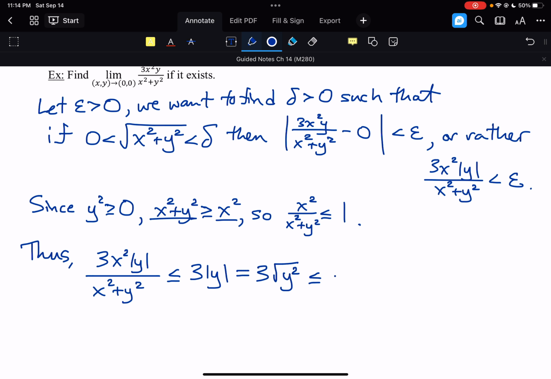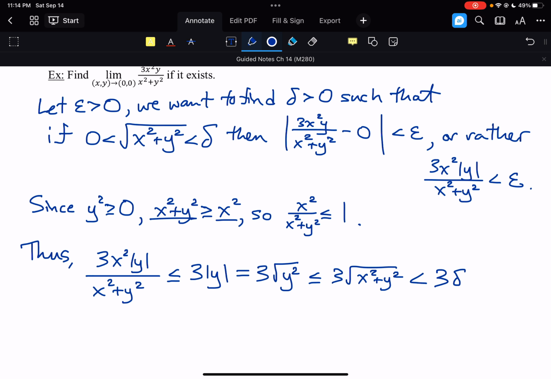So if I were to add an x squared in here, certainly this number would be greater than or equal to this number, because I added this value, and it will always be 0 or more. And this value here, we know is bounded above by delta. This is less than delta. So 3 times that is less than 3 delta.